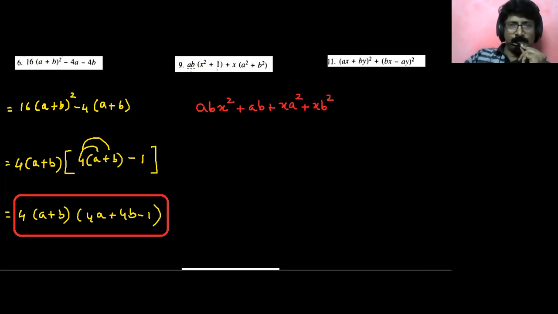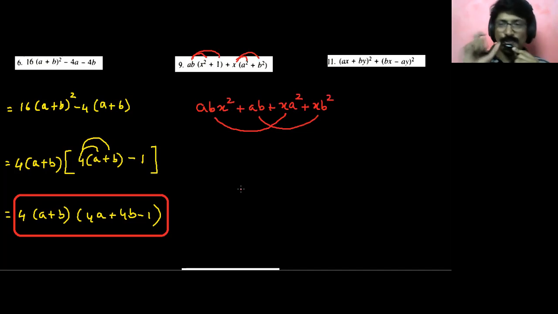Are you getting it? I'm just multiplying this, open the bracket, distribution, isn't it? These into this, like that way. Please take care of the signs, guys, okay? And now we will just club these term with this and these term with this. That is called as students grouping. Getting it? Grouping means, okay.